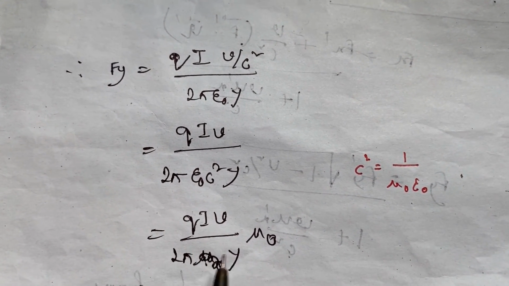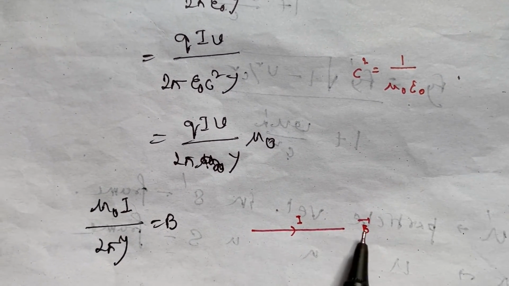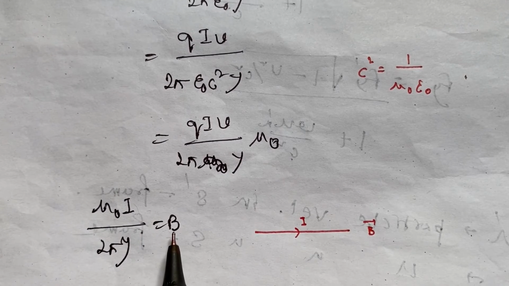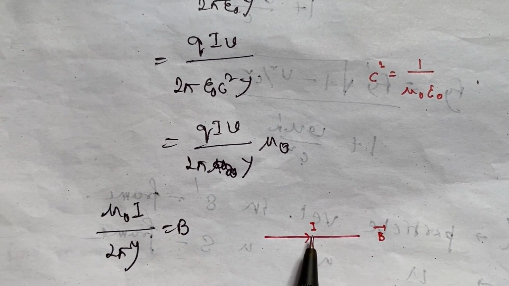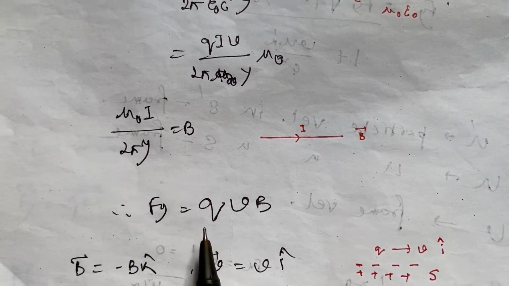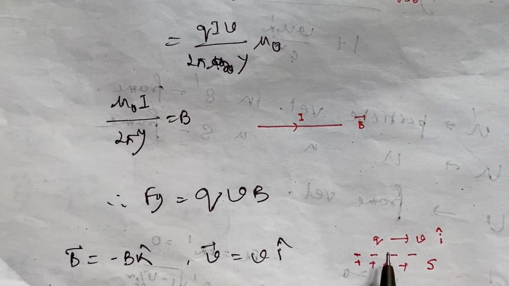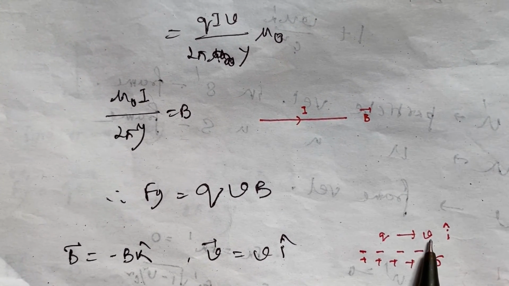Now, here we have the expression for the force. And we know that if there is a wire carrying a current I, this is the value of the magnetic field because of this wire carrying a current I. So force is now qvB, and as the charge in the S frame is moving along the x direction, its velocity is v along i cap.